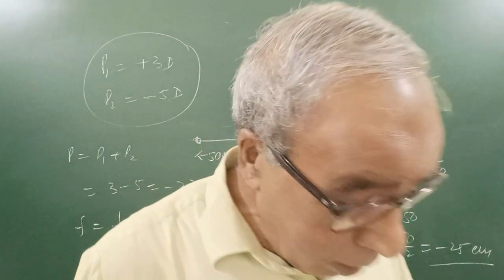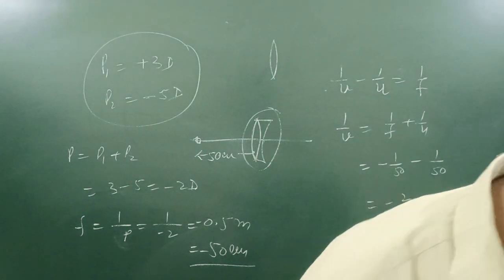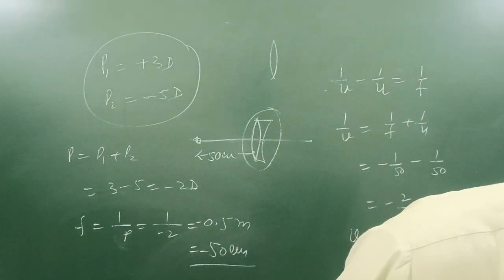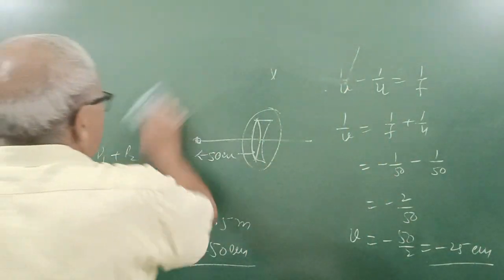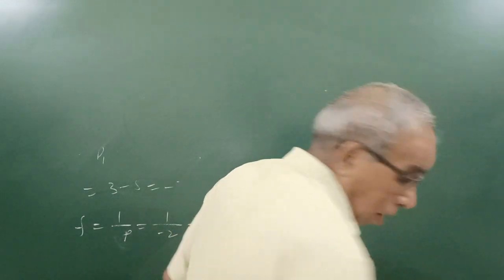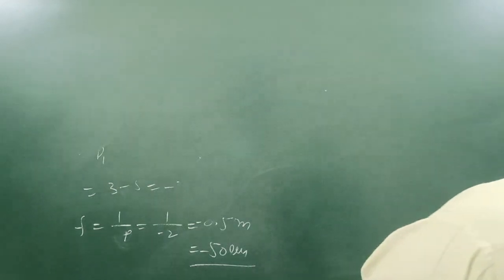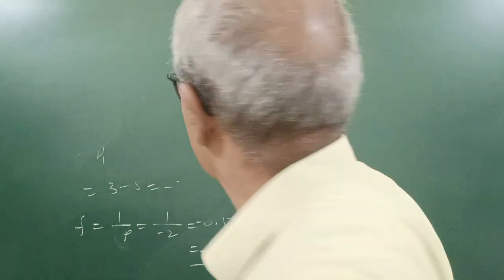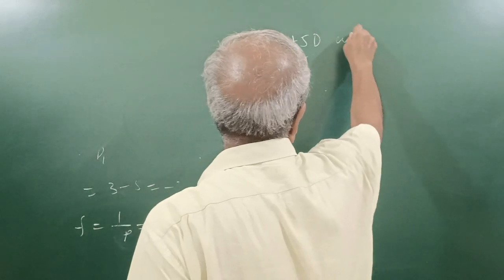So there are many questions like this. There is another question here. Power of a lens. A lens has power of plus 5 diopter in air.